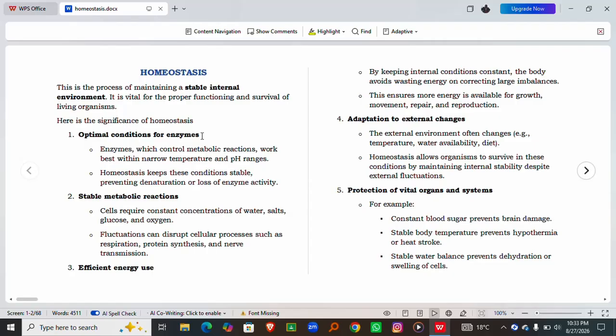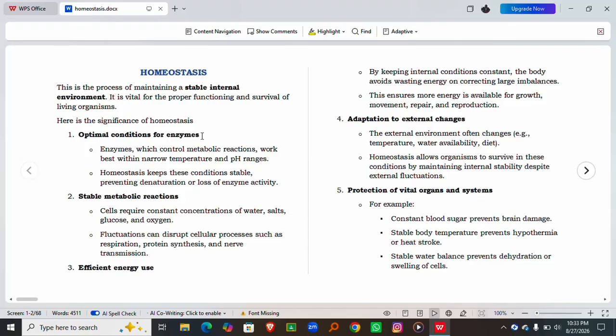One, we realize that the body is made up of cells, and cells contain enzymes. These enzymes control metabolic reactions, and we well know that enzymes work within narrow temperature and pH ranges.